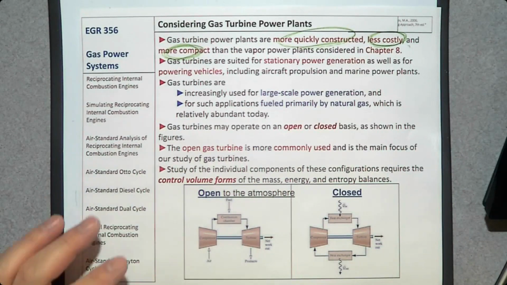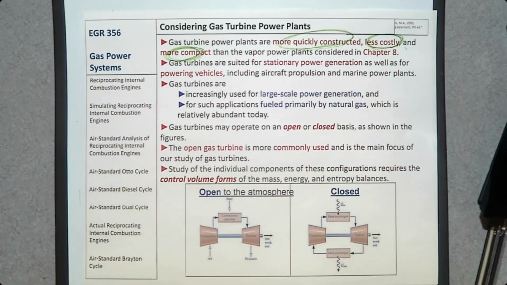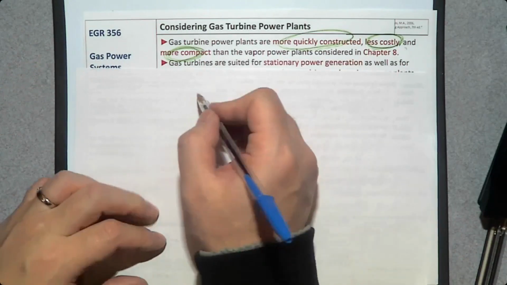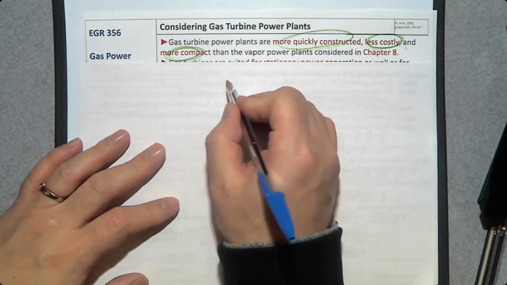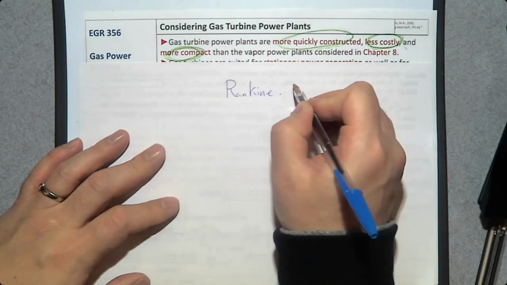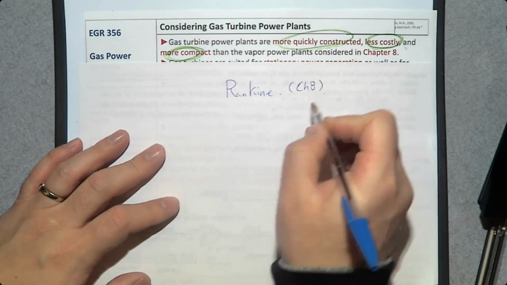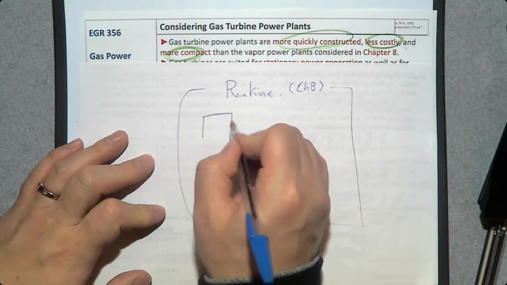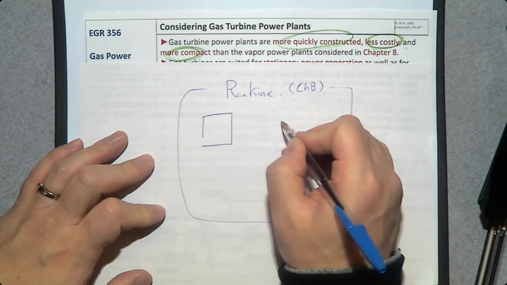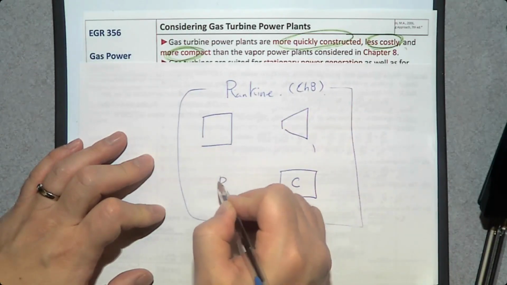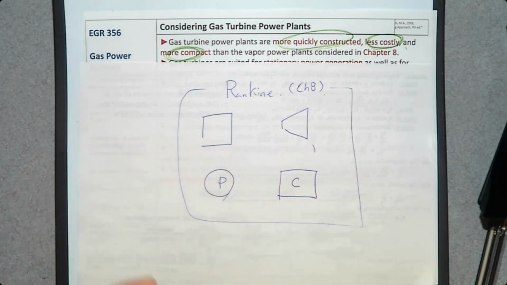So the problem of the vapor power plant, which is a Rankine cycle. You may remember this Rankine cycle from chapter 8. We have a steam generator, a turbine, a condenser, and a pump.